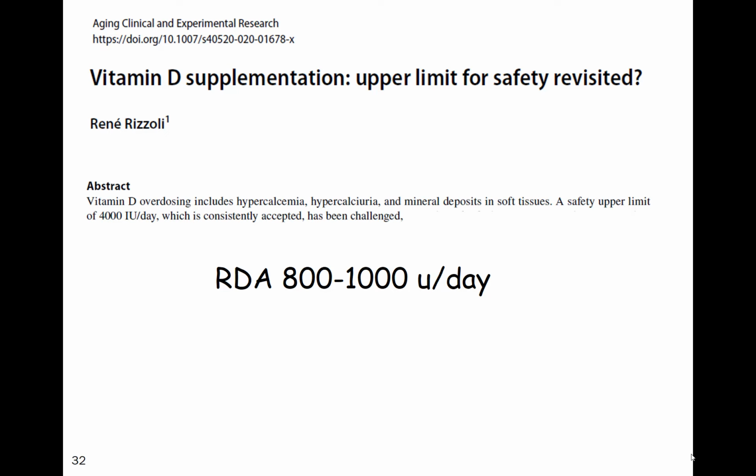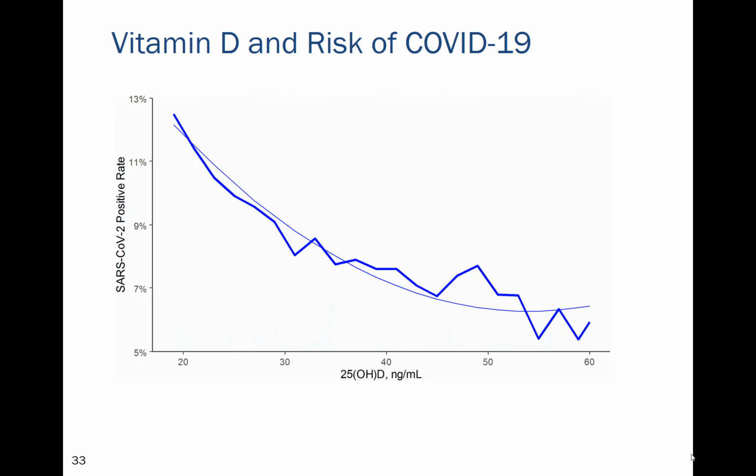We used to think that the safe upper limit was 4,000 units a day. However, there are a number of authorities that have challenged this in certain groups. So that means that we really do not recommend taking 4,000 or more units per day.